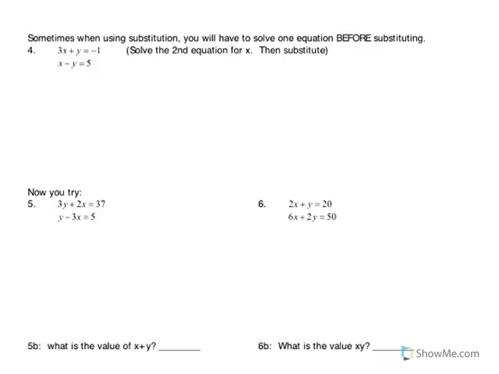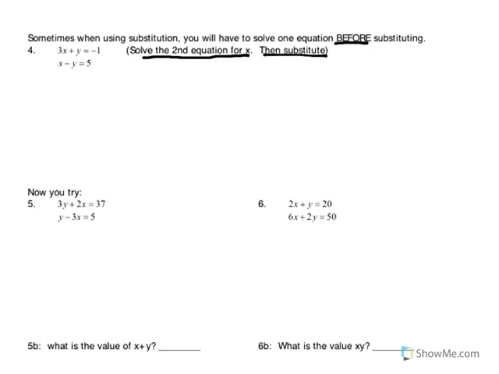So it says here, sometimes when using substitution, you will have to solve one equation before substituting. So here's our two systems, 3x plus y equals -1, and x minus y equals 5. And so the hint here says, solve the second equation for x, then substitute.